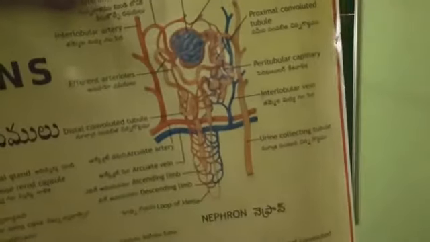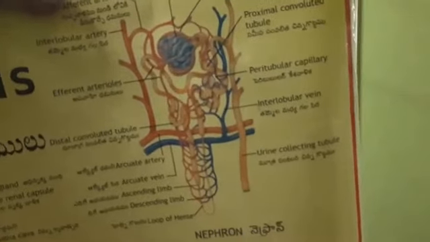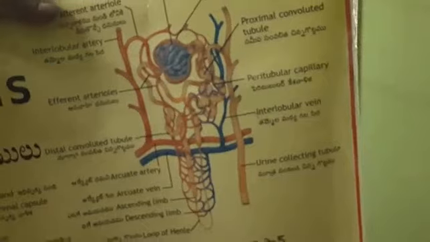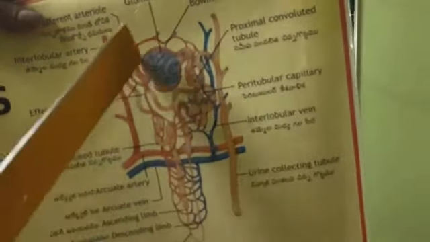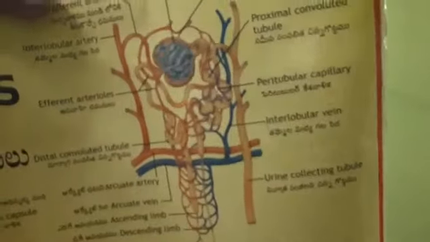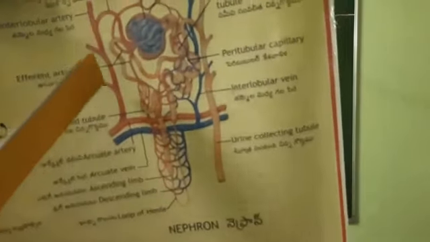This is a typical diagram of a nephron. This whole thing is one such nephron. It appears very complicated, isn't it?